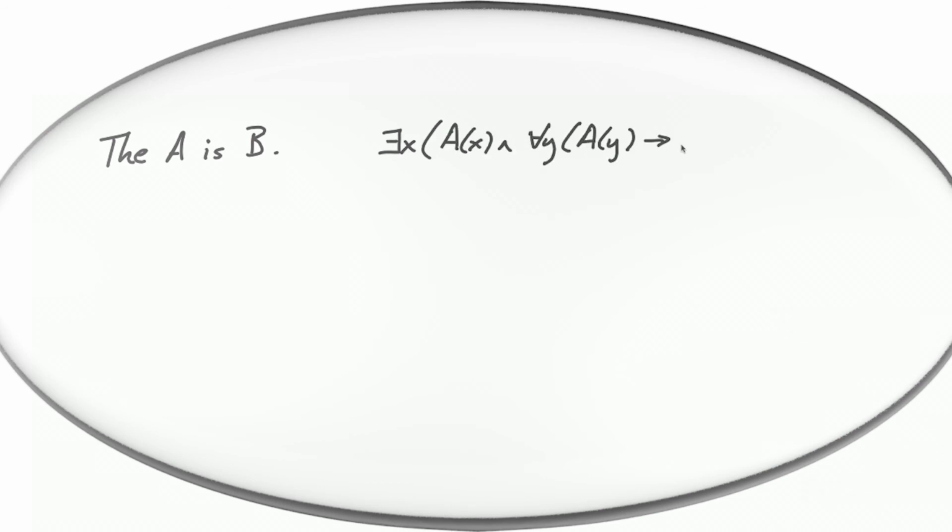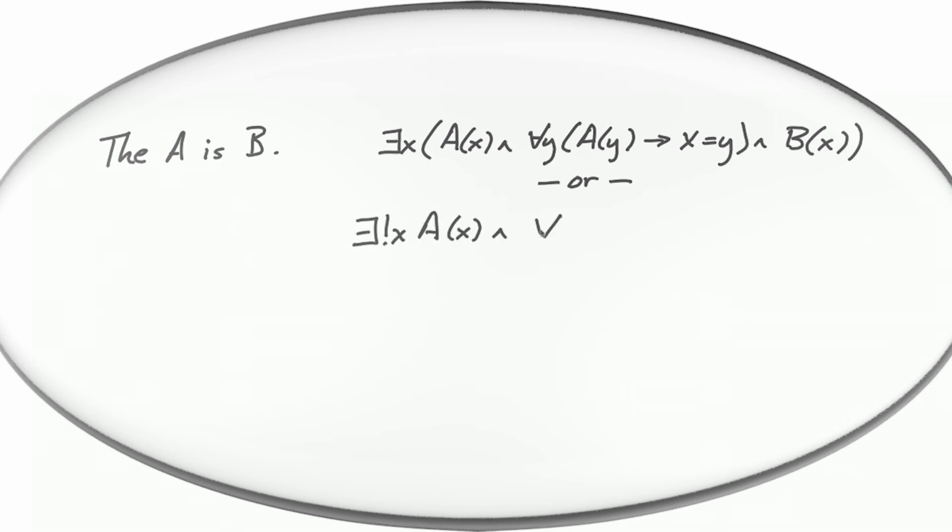So according to Russell, here are the general translations of these forms of sentences. Sentences of the form the A is B is translated as there's an x that has the property A, all objects that have the property A are equal to that x, and that x has the property B. That's the first sentence here, the official language translation. The second sentence here is the translation into our informal language with these extended quantifiers.